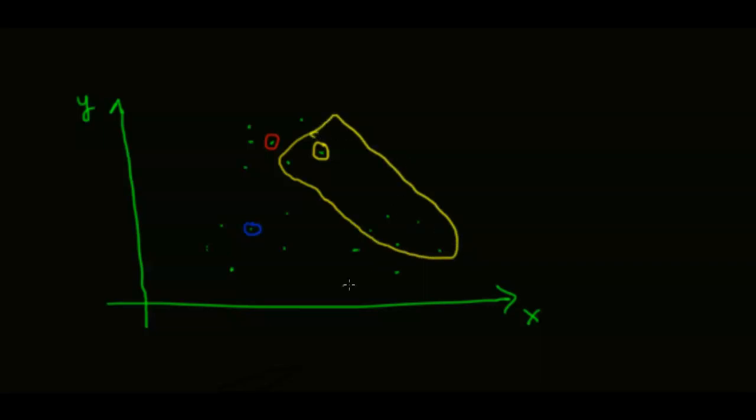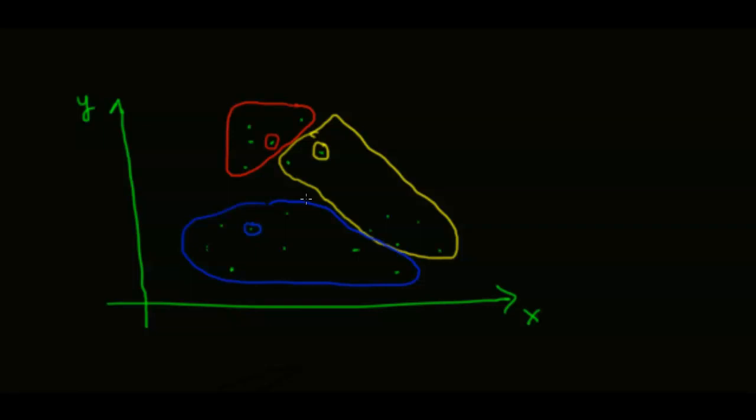Then we look at the red ones, and we got that group. And then we got the blue ones, which might be that group. Okay, so what do we do?